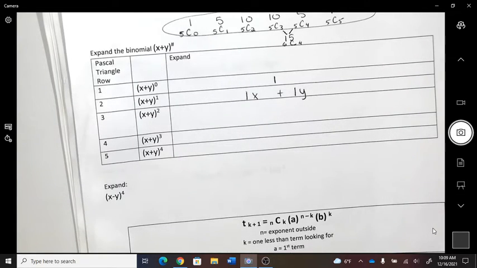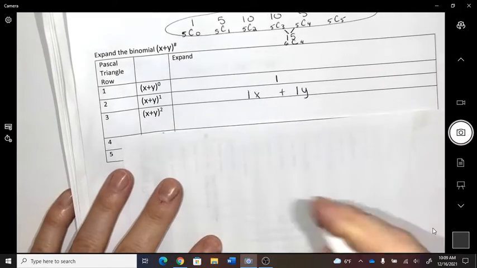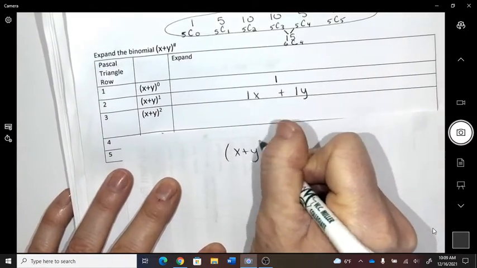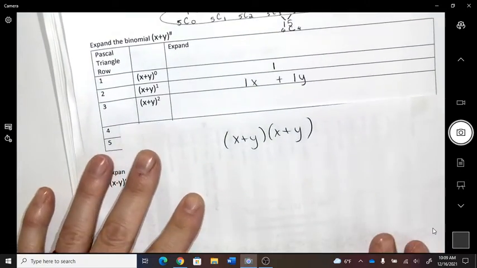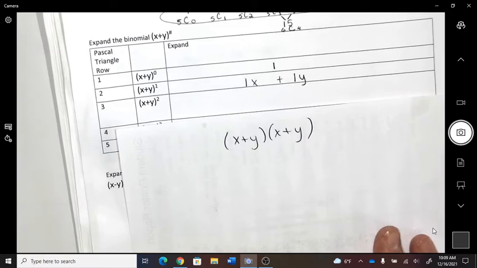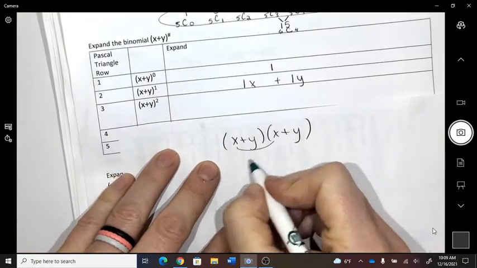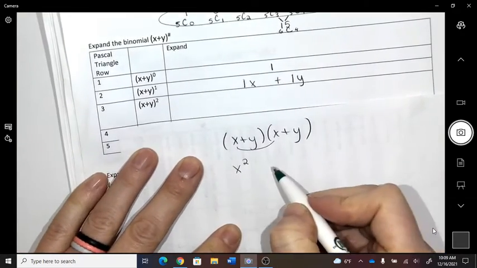Okay, can I do this on the side? Squaring. Okay, so let's square this. So that's what squaring is doing. So first is x squared.